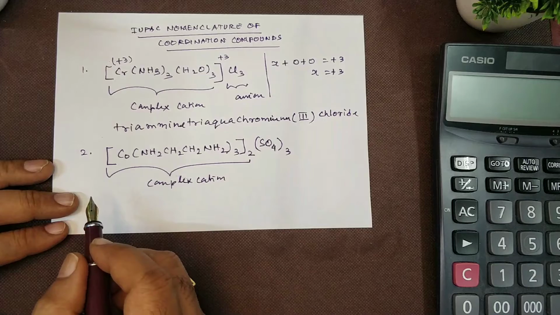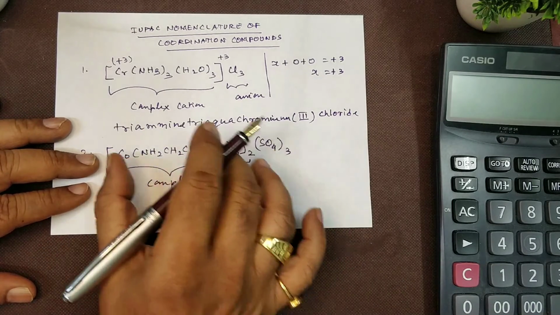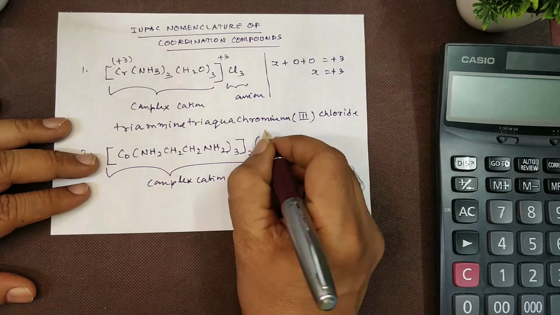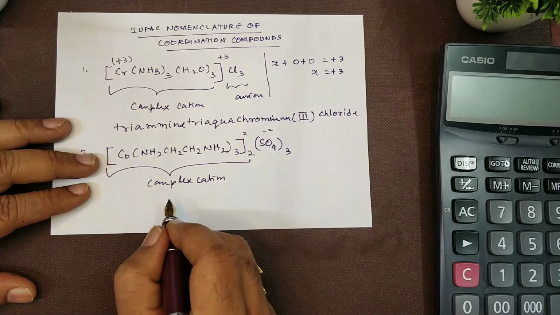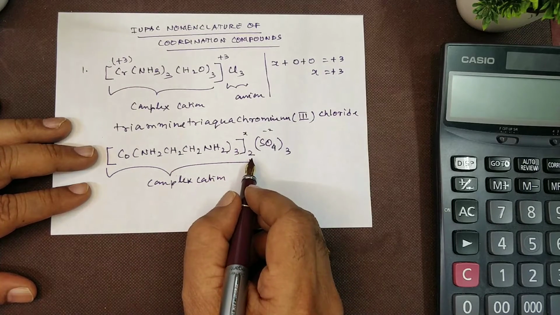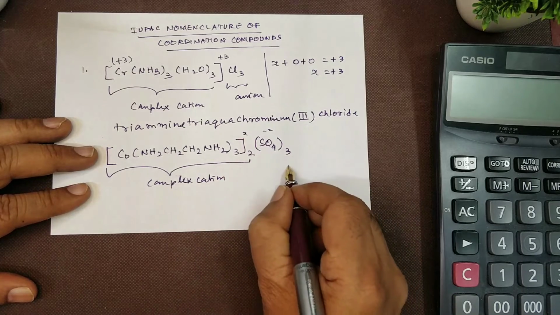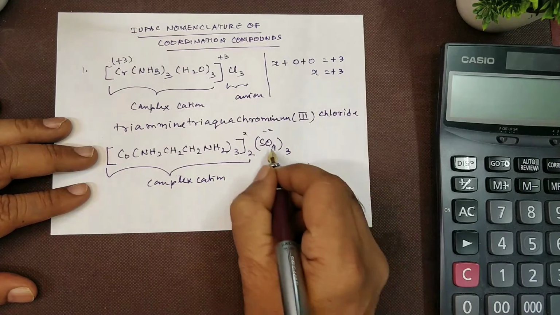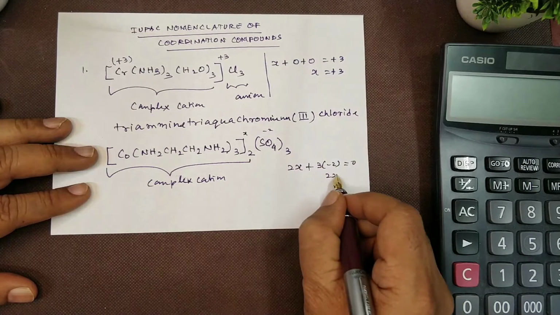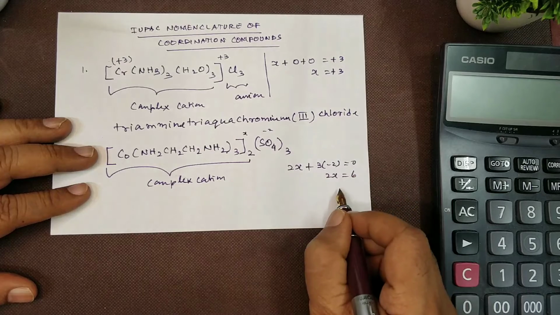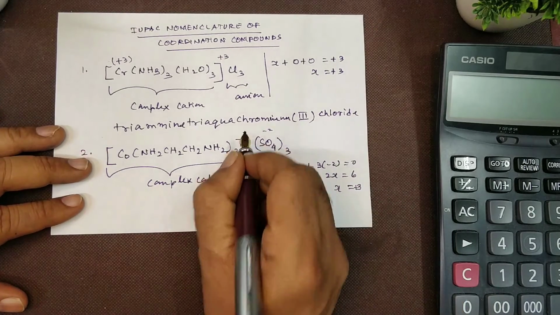So this should be named first, and before that let us judge the oxidation number of this one. We know for sulfate -2, and for this we do not know, put X. So you had twice the X, is it not? So 2X plus 3 of minus 2 is equal to 0. So 2x is equal to plus 6. So x is equal to plus 3.